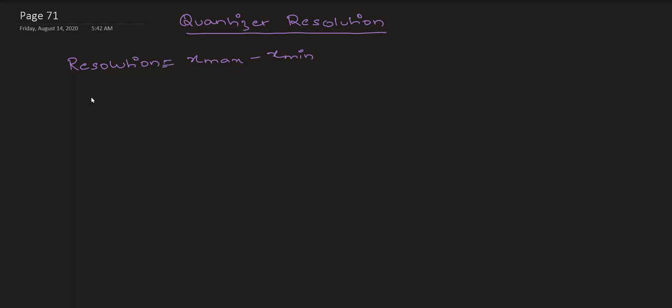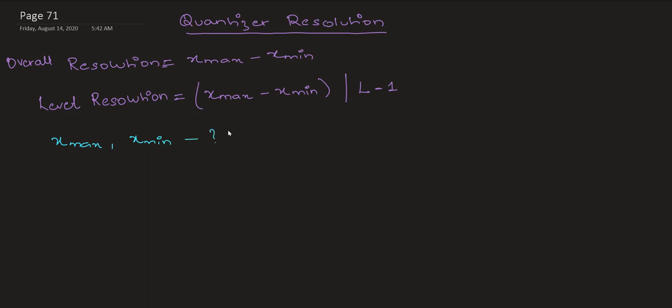So what are the things that we need to solve this question? The overall range of your quantizer is given by x max minus x min, that is the separation between the maximum amplitude and the minimum amplitude. And for level resolution, you are going to use x max minus x min divided by L minus 1, where L represents your number of levels. So that resolution gives you the separation between the levels.